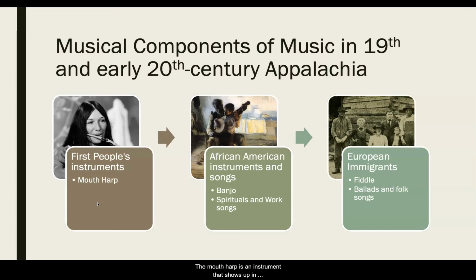The mouth harp is an instrument that shows up in some old-time music. The banjo, certainly an instrument that's prominent in old-time music. And all of those musical elements get combined with music brought by European immigrants, which include their fiddles and ballads and folk songs.